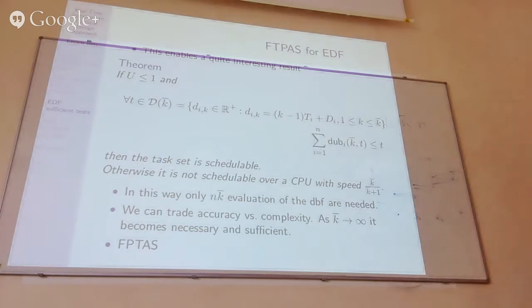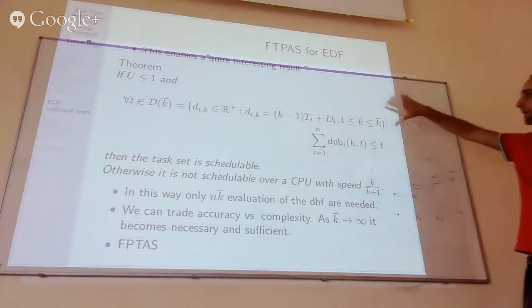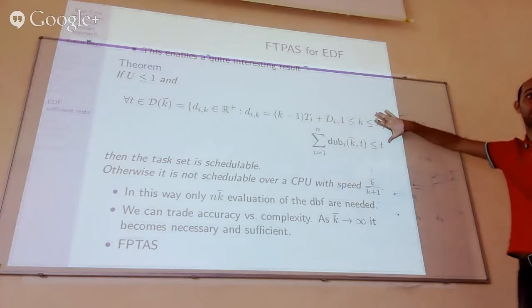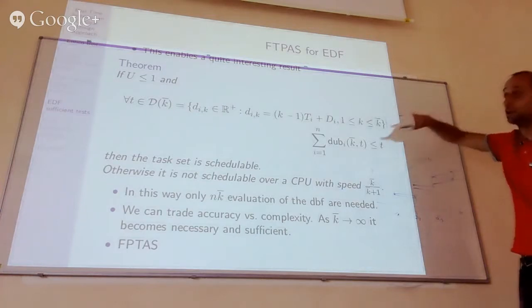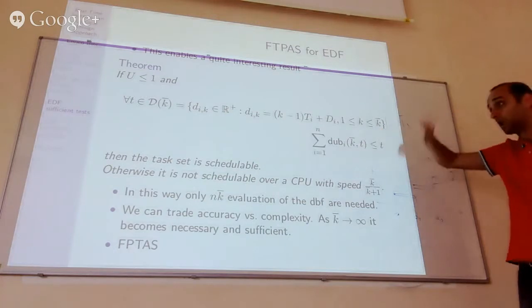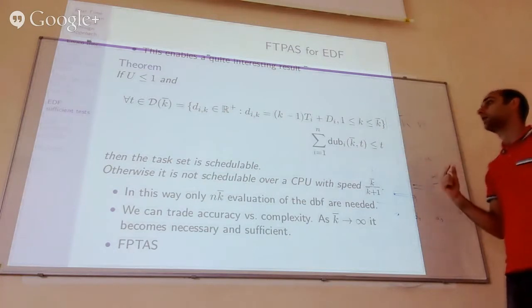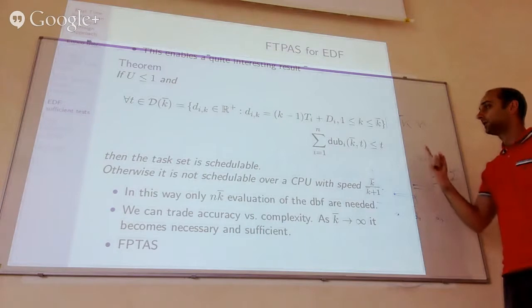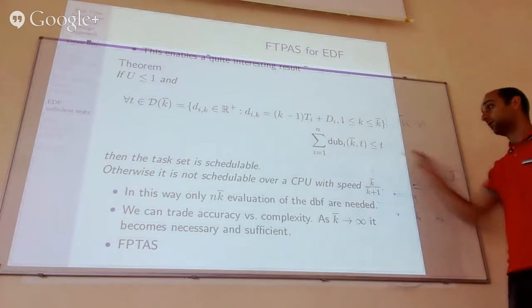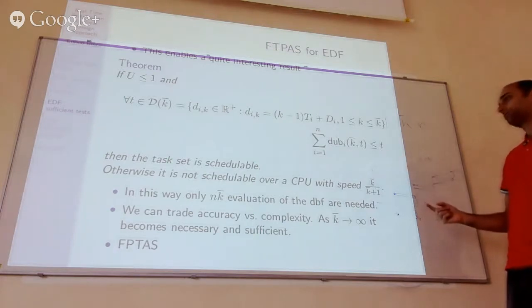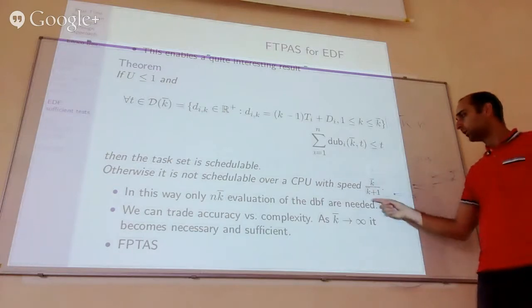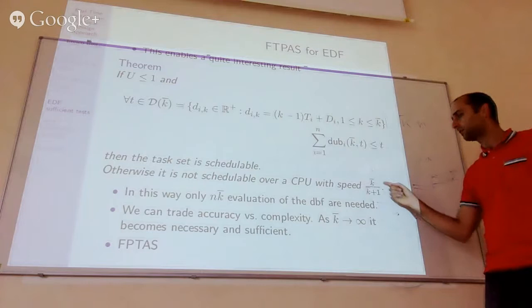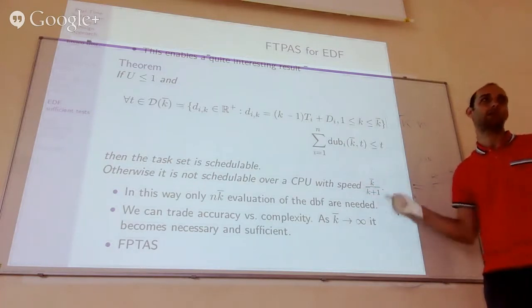So we know that if this condition is sufficient, it tells us that if this is true, then it's schedulable. However, it also tells us that if this is false, then it's not schedulable over a CPU with a reduced speed by this factor.